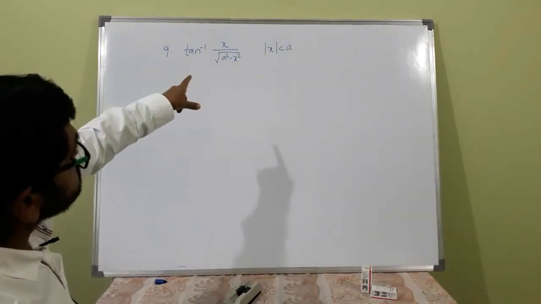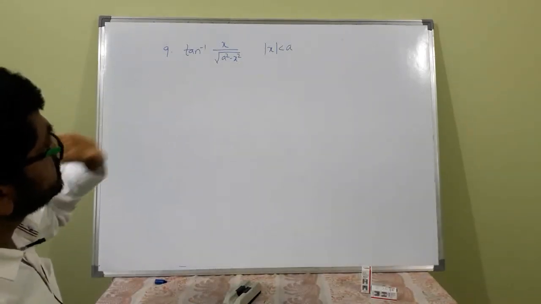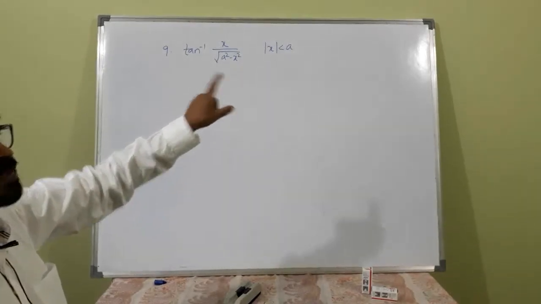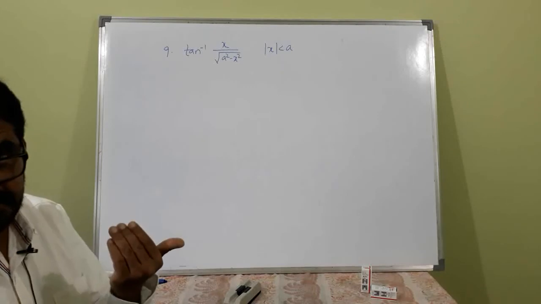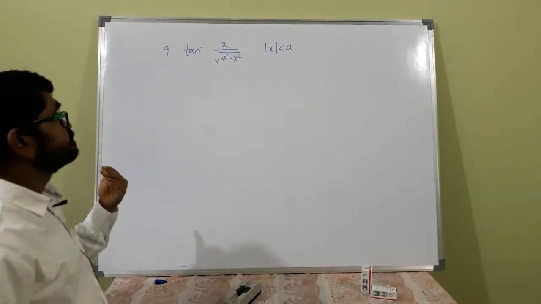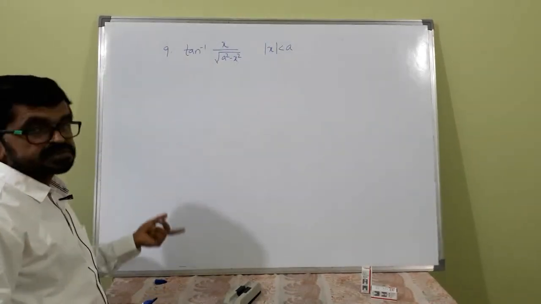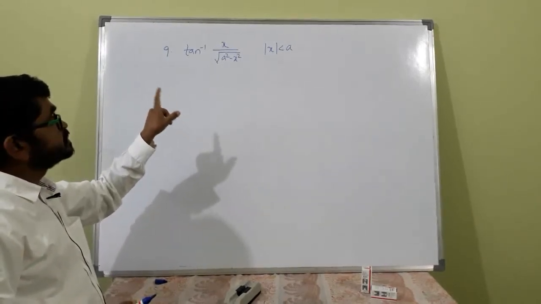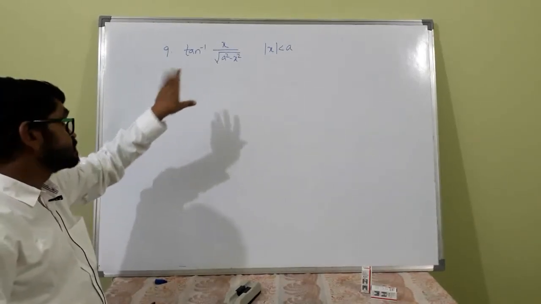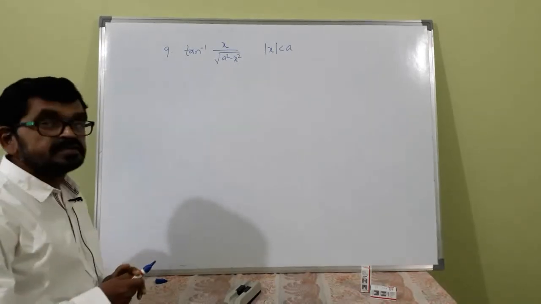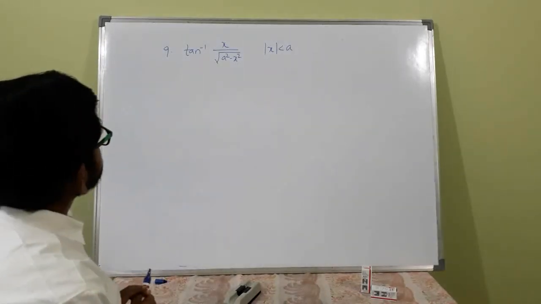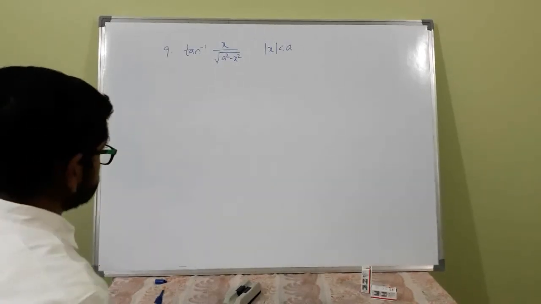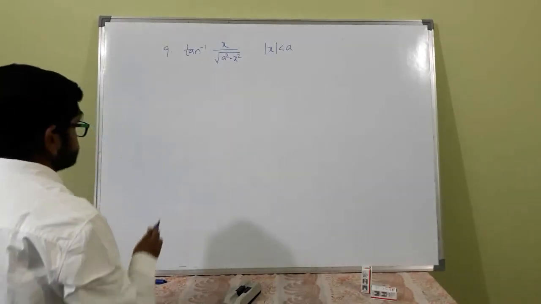If you substitute x is equal to a sin theta, the numerator is a sin theta, the denominator will be root of a square minus a square sin square theta. If you take a square common, 1 minus sin square theta is cos square theta. So a can be taken outside, square root of a square. Then square root of cos square theta is nothing but cos theta. So cos theta gets cancelled, a cancels, tan theta, so it becomes tan inverse of tan theta. So theta is the answer.